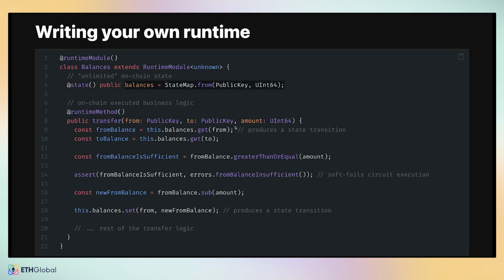So if you store a balance for the from public key, the path or the index would be created from balances dot the from address, and that is what we would compute the leaf index in the global tree state from. Hope that makes sense.